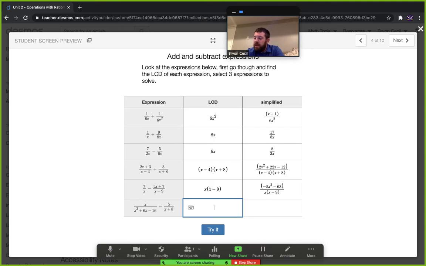And then on this one, we said that our bottom was going to be x plus 8, x minus 2. And over here, we said that was going to be a negative 4x plus 10, all over x plus 8, x minus 2.